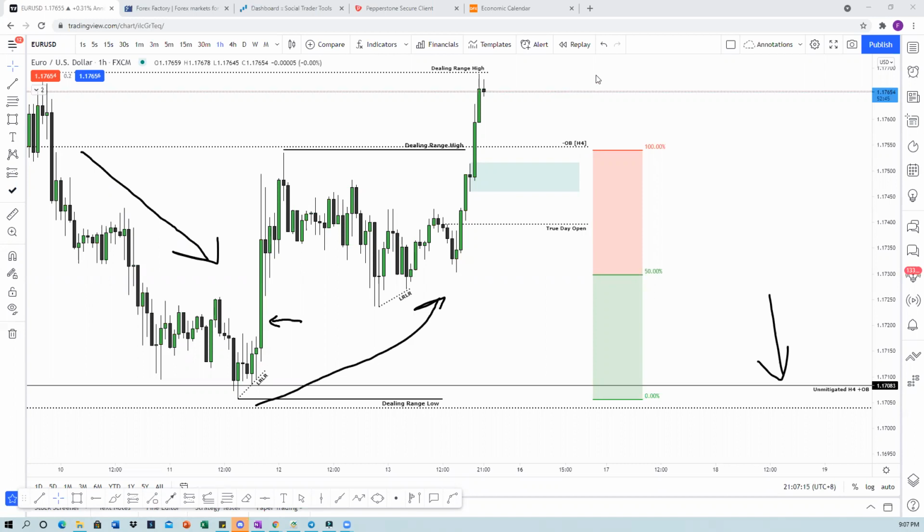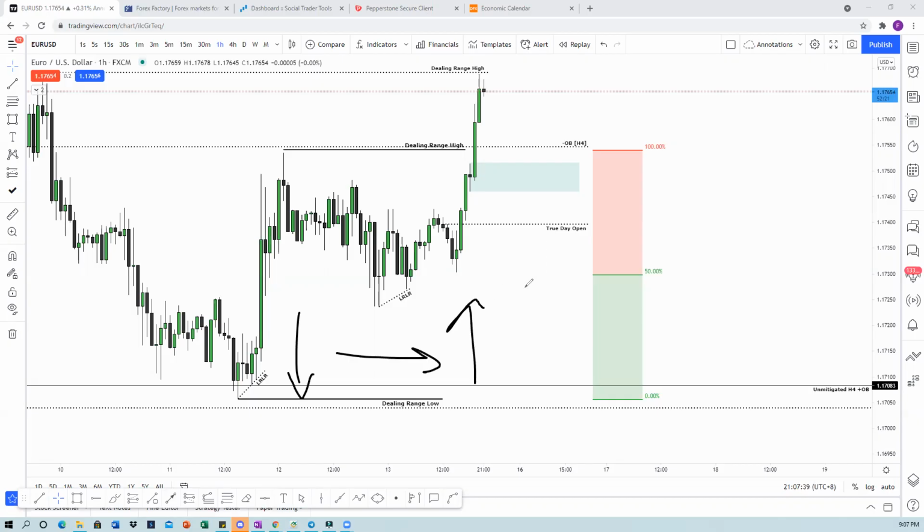Looking at this unmitigated, which is now mitigated, 4-hour order block, we know that when we see this reaction that we got over here, it was a switch in order flow. Now, in switching order flow, what does that mean? It means that once we have gone from bearish to bullish, the PD arrays that are going to work are predominantly the bullish PD arrays.